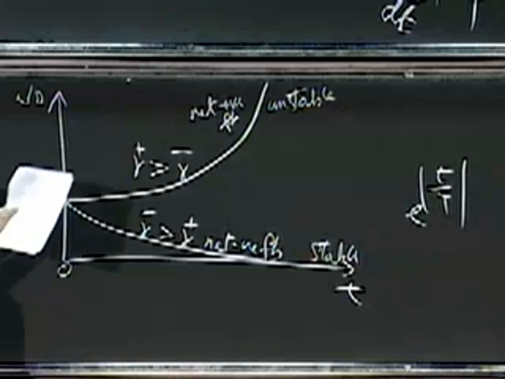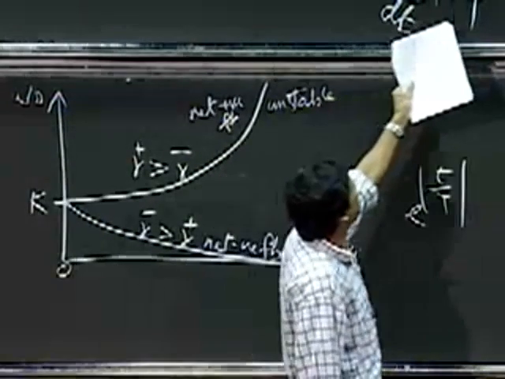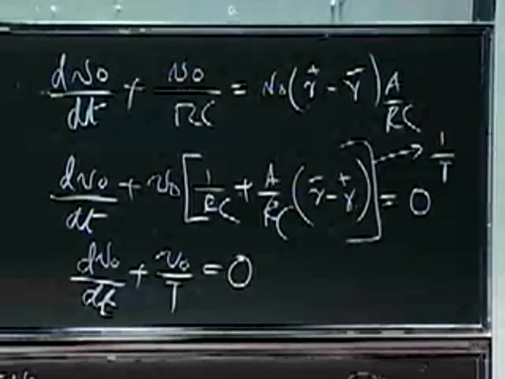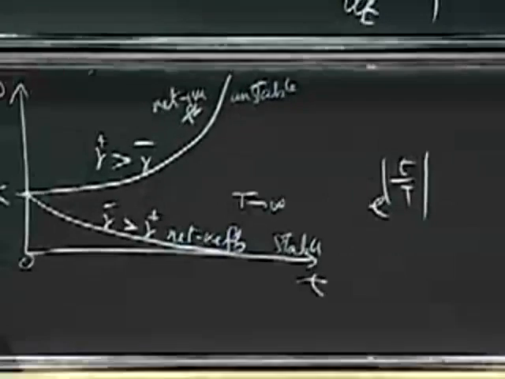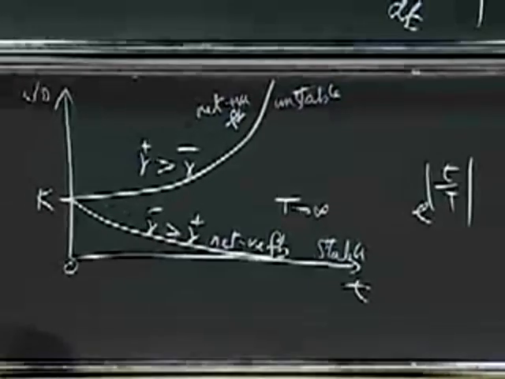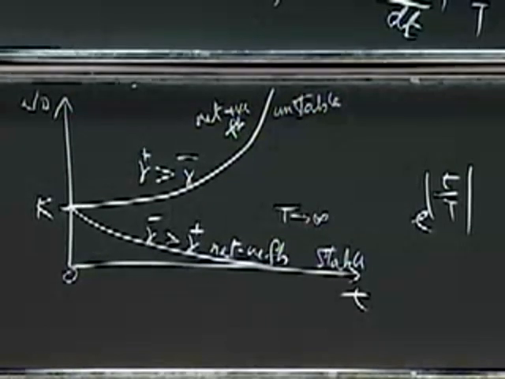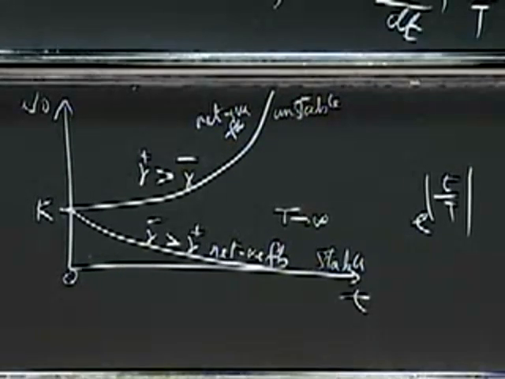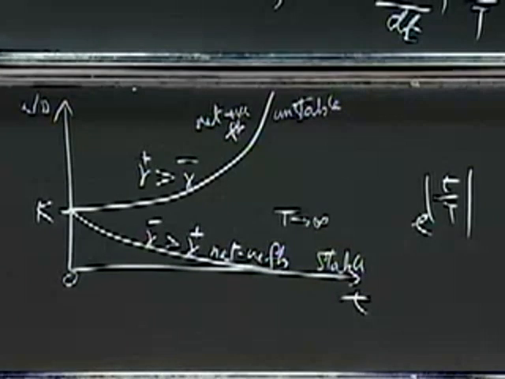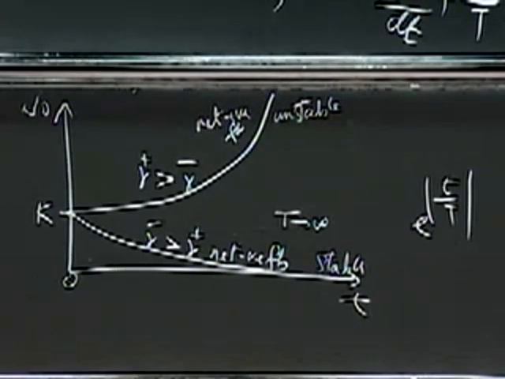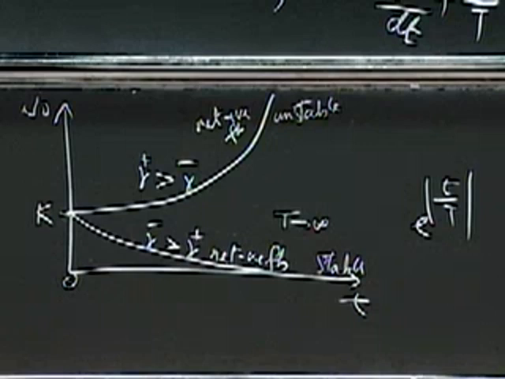What happens when capital T goes to infinity? Spend 5 seconds thinking about what it means physically. What does it mean for the time constant of an RC circuit to go to infinity? That means that your R and C are very, very large, and the circuit is going to be very sluggish.